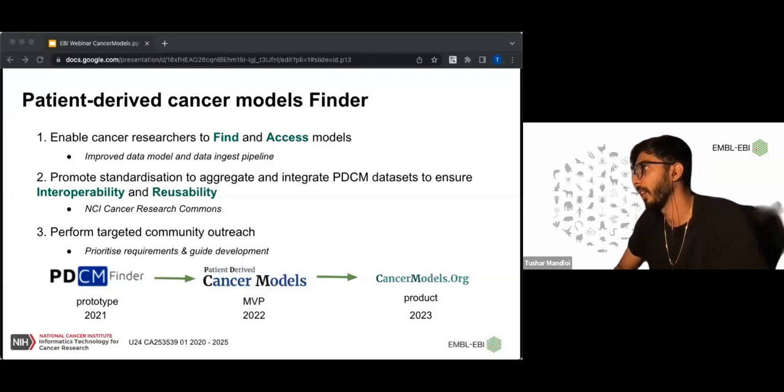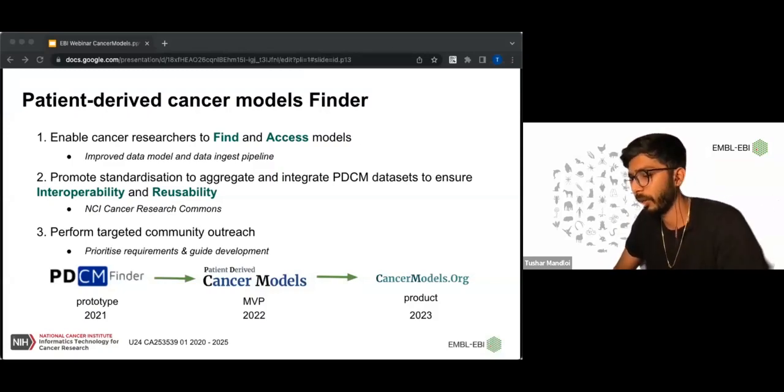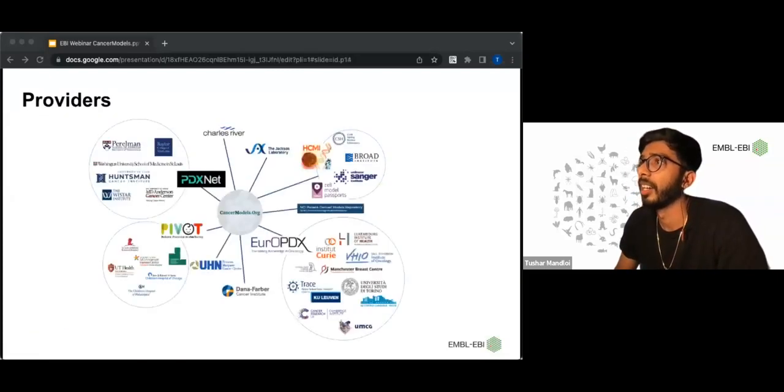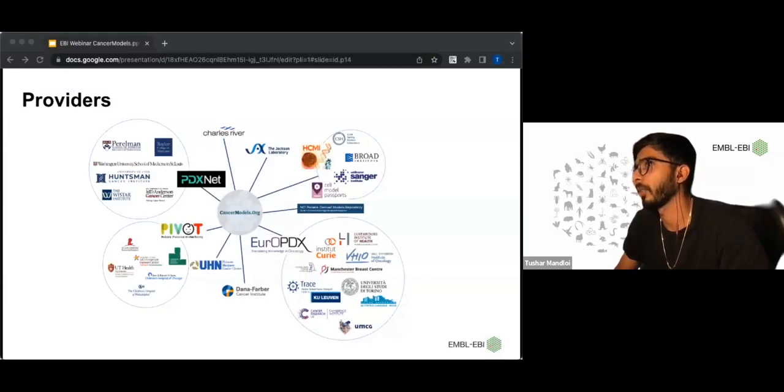And now in 2023, we have our product, which is called cancermodels.org, about which you are here to learn about. As of now, we have a total of 33 data providers from across the globe such as Jackson Laboratory, Sanger Institute, Broad Institute, etc. And the majority of our providers are also part of consortia such as PDXnet, Pivot, EuroPDX, etc.